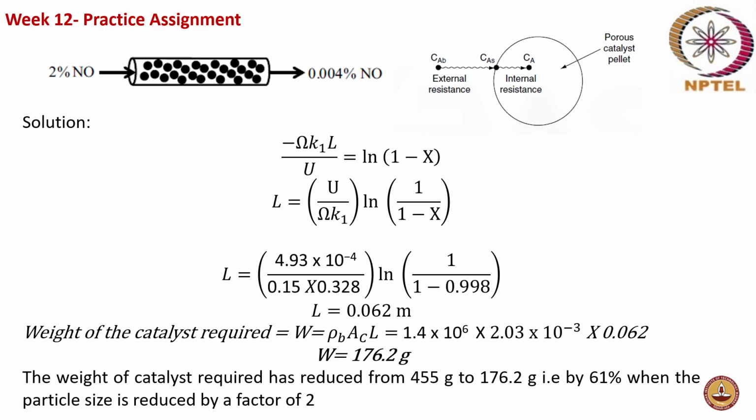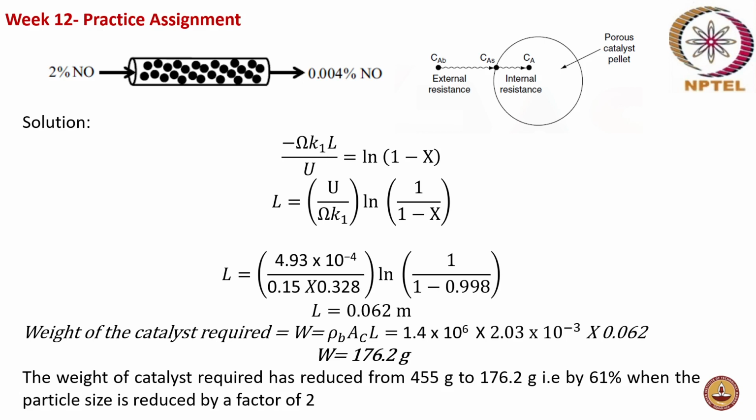Okay. So based on these calculations, should we go ahead with the initial particle size, which was 3 mm, or should we go for a reduced particle size of R equal to 1.5 mm?